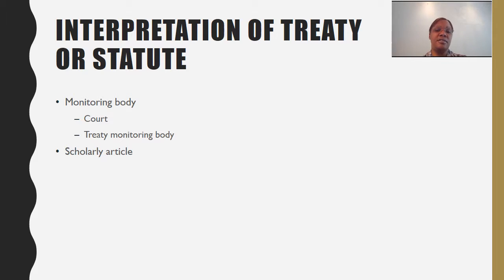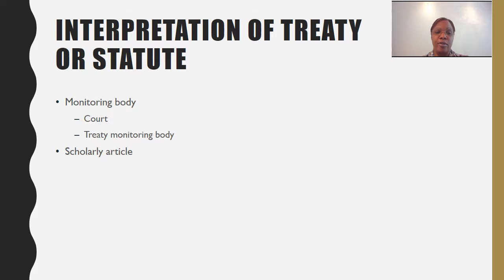And often in the case of treaties, there will be a body, a court, or a treaty body that has the authority to interpret the sections of the treaty. And so it's important as practitioners, scholars, and students of international law to know how to access that information, to know how to find the comments to a treaty, or to know how to find the court's cases in which they interpret sections of a treaty.